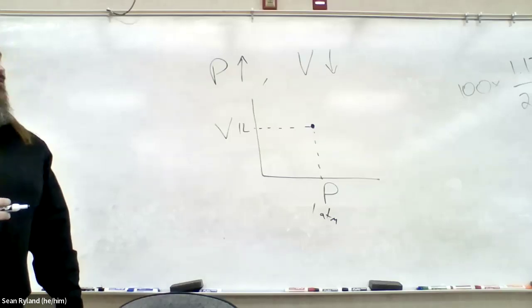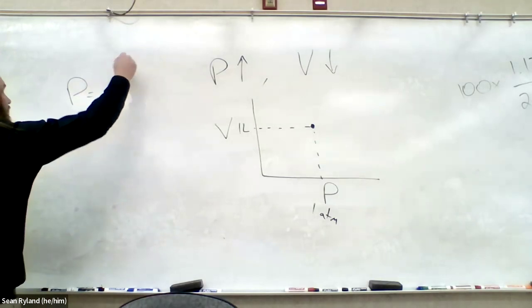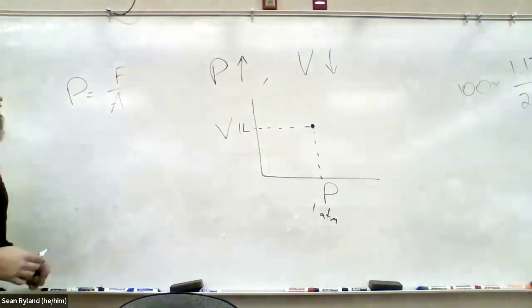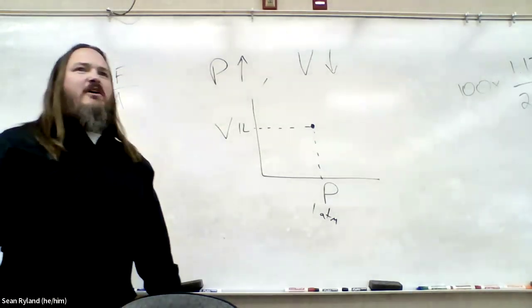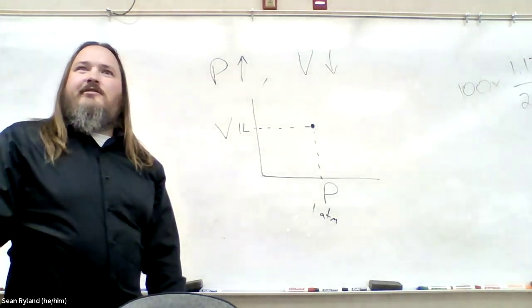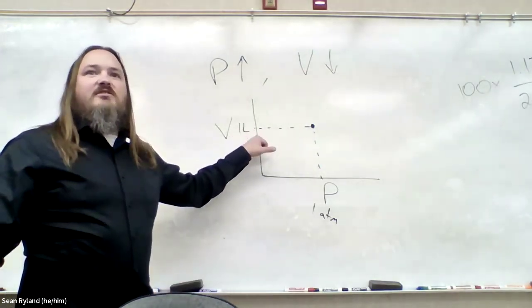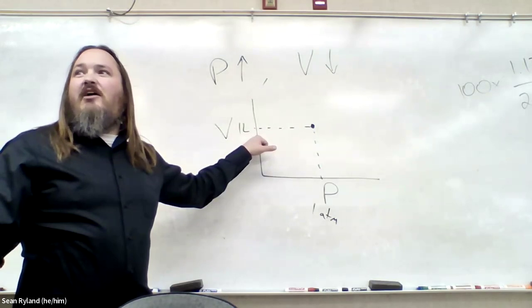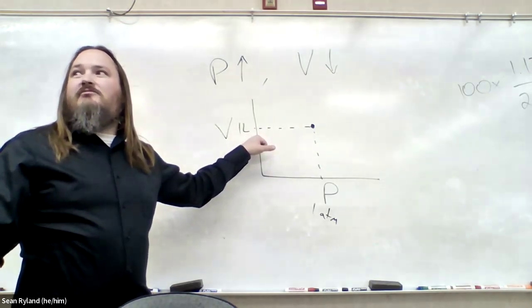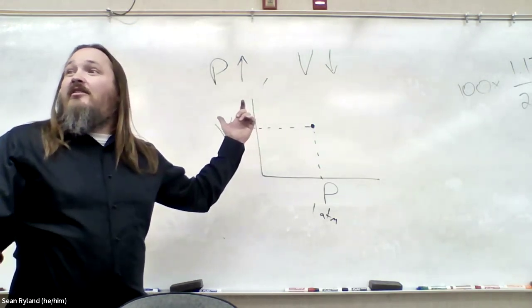If we double the volume, remember, pressure is equal to force over area. We double the volume, what would we expect to happen to the pressure? If the volume doubles, pressure should go down by how much? Half. It would make sense anyway.